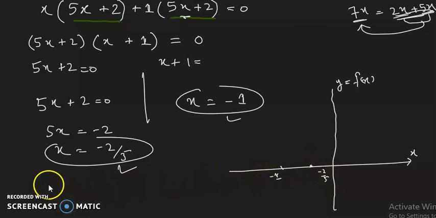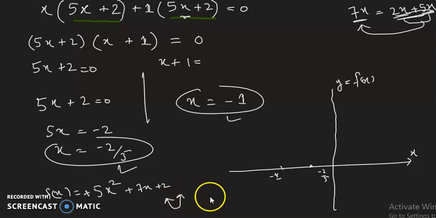So we can write the quadratic function f(x) equal to 5x squared plus 7x plus 2. Now the sign is positive, so it will be concave up. It is the rule in quadratic functions, so it will look like this. This is the graph.